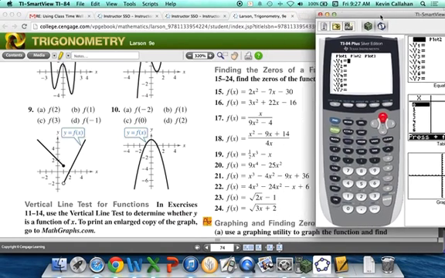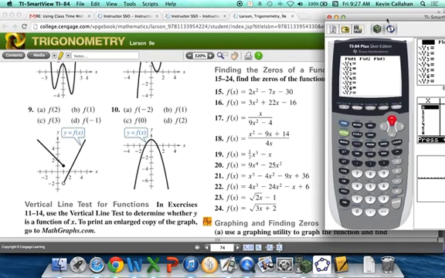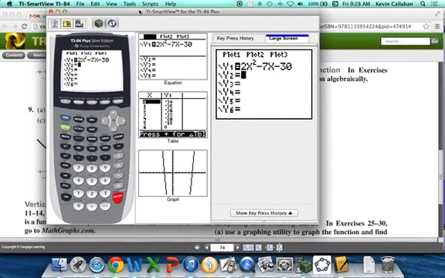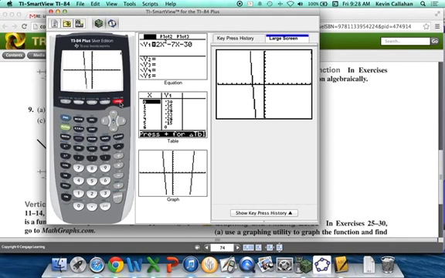So let's say I was going to do the first one, 2x squared minus 7x minus 30. Right? Graph. So where do you look on that for the zeros? On the x-axis, right? So definitely you think 1, 2, 3, 4, 5, 6, 7 looks like it's a 0.